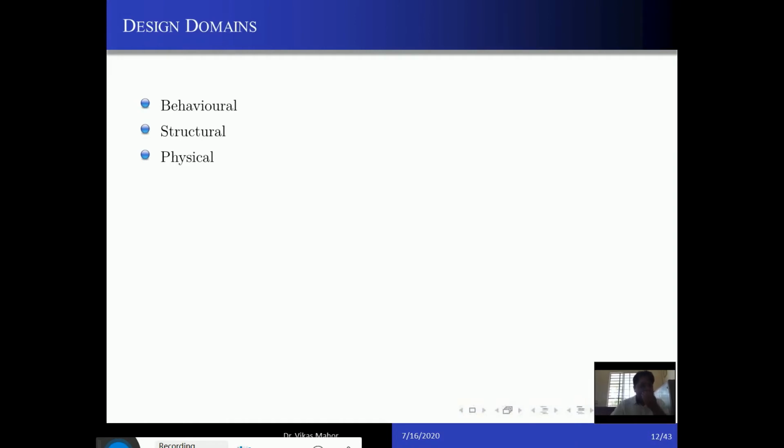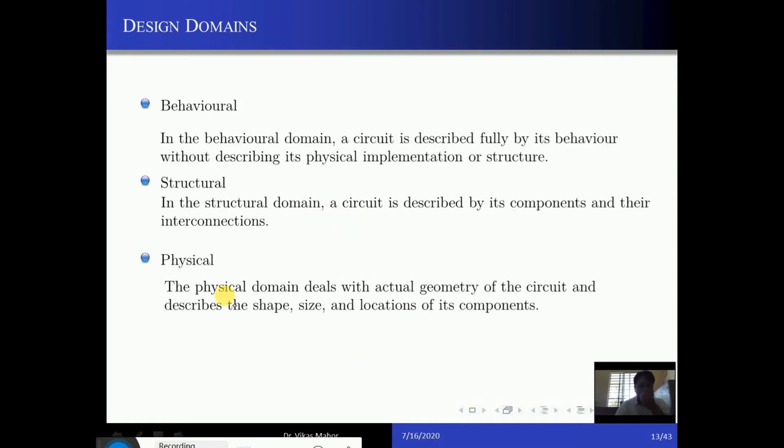What are these? These are the various domains or the various ways in which your VLSI IC can be seen or observed. Fine. So your VLSI IC can be observed in the behavioral way, structural way, or physical way.